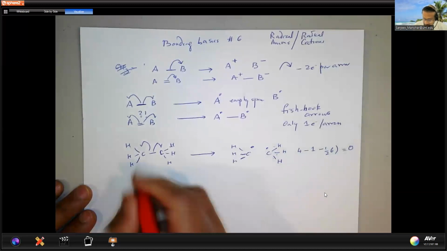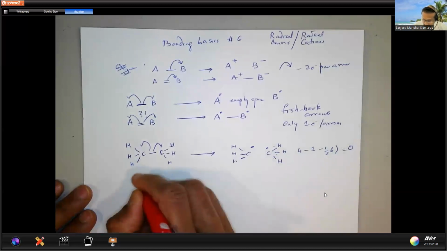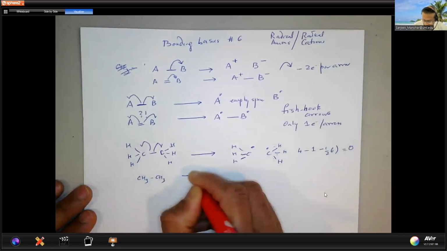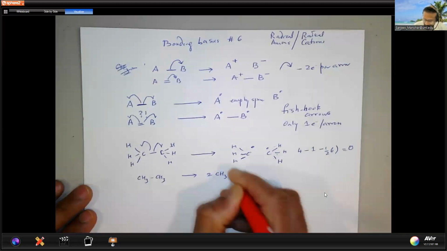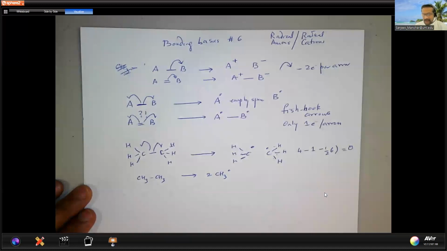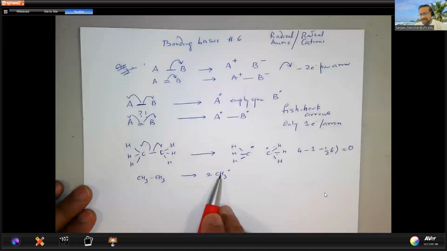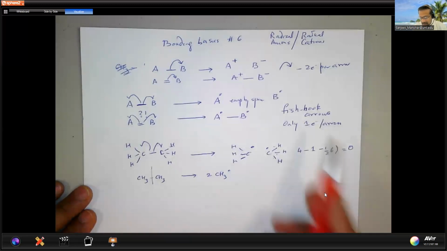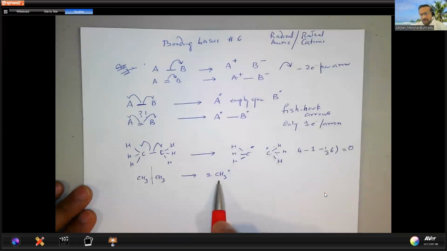So when someone says CH3, CH3, giving you 2 CH3 dot, that's what it means. This is the advanced way of notating that, right? So that means ethane splits via this process to 2 methyl radicals, right?